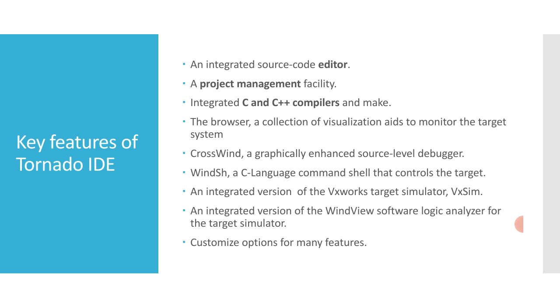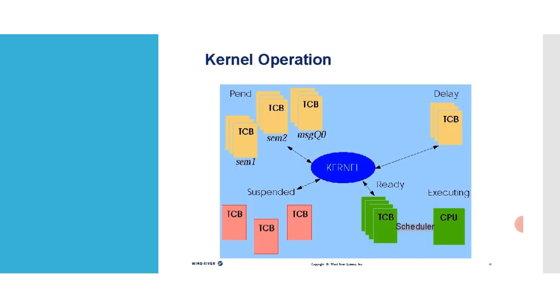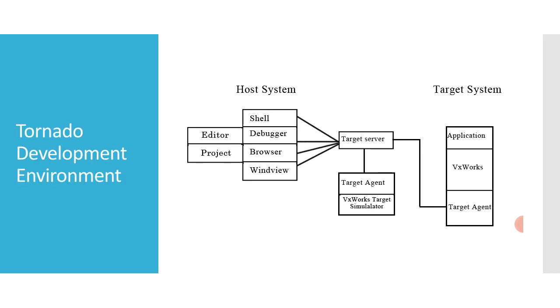Tornado facilities execute primarily on a host system, sharing access to a host-based dynamic linker and symbol table for a remote target system. This illustrates the relationship between the principal interactive host components of Tornado and the target system. Communication between the host tools and VxWorks is mediated by a target server and target agent.